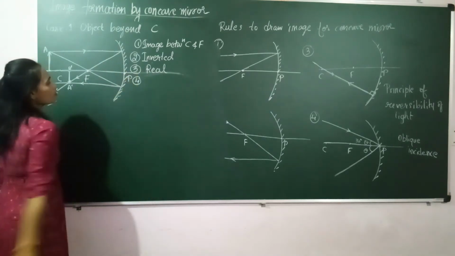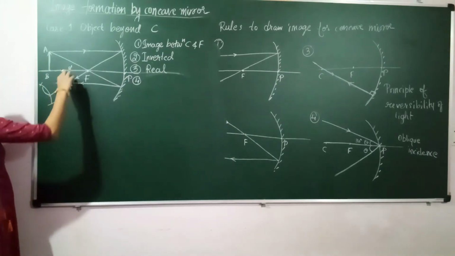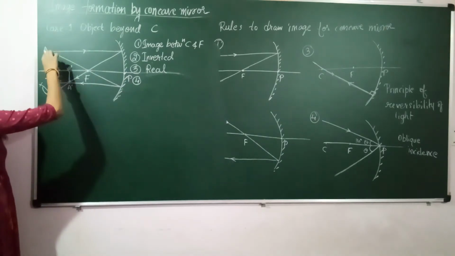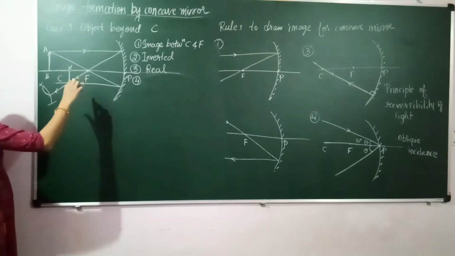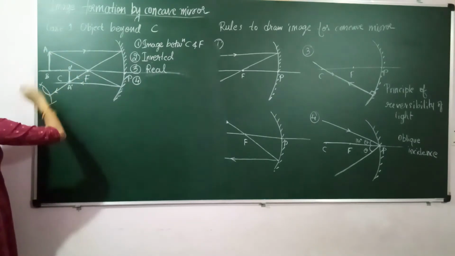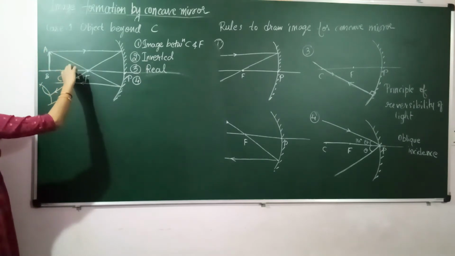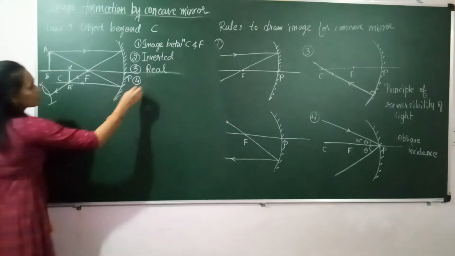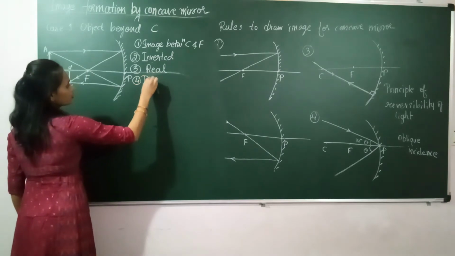Next we will go for the size of the image. Whether it is bigger than the object or smaller than the object, that we will compare, and we will write the size of the image. So here this size is bigger and this image size is smaller. So here we will write the term diminished.